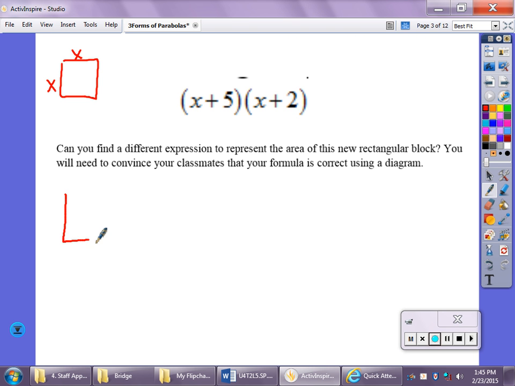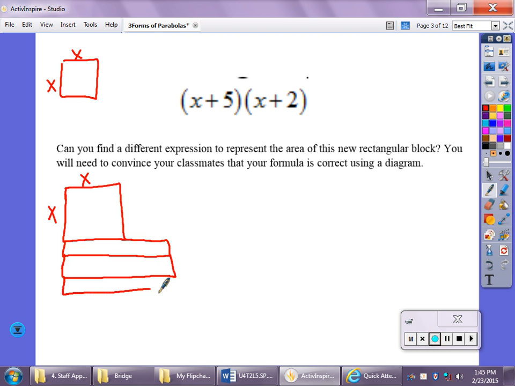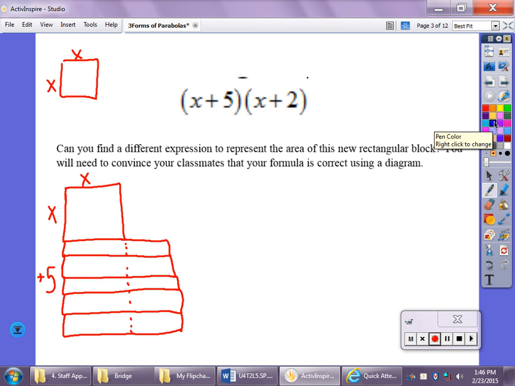So we have x by x, and then we're going to add 5 pieces. 2, 3, 4, 5. And really the pieces should have ended there. I kind of extended them a little bit more. And that's my plus 5. And then we have 2 pieces on the other side.